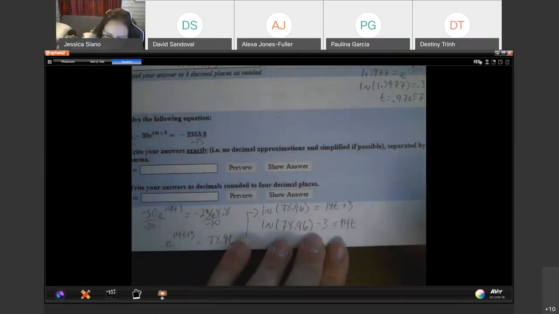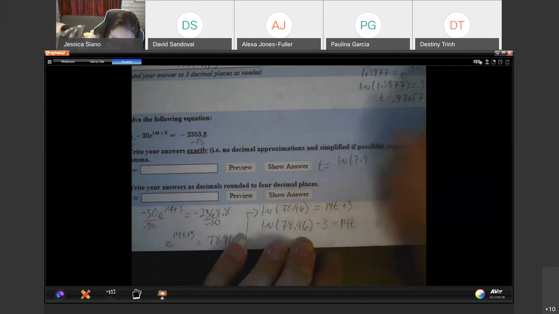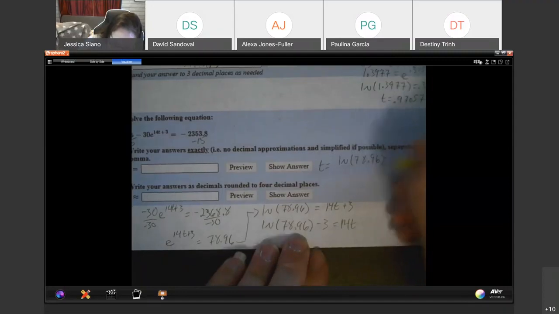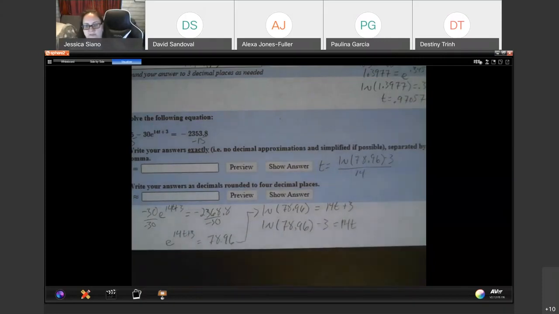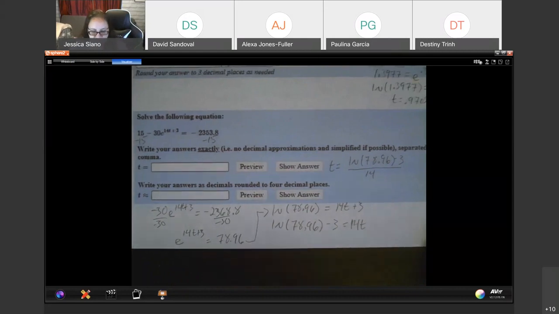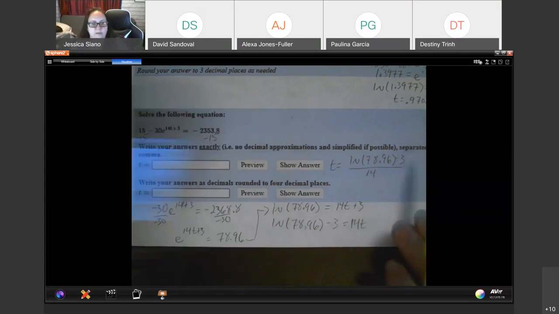And my exact answer would be the ln of 78.96 minus 3 over 14, like that. And then my rounded answer to four decimal places.